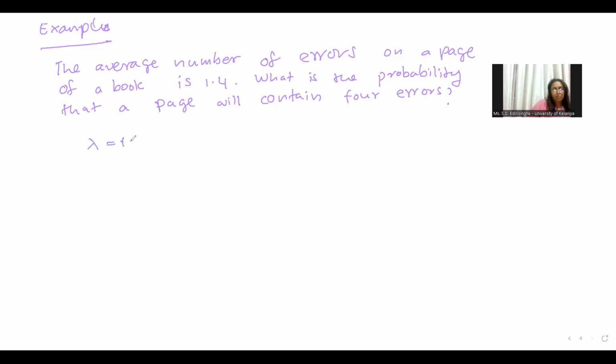That is 1.4. Lambda equal 1.4. That is the average number of errors. That is the parameter. So here the x equal 4. So how we can find if x equal 4, that is e to the power minus lambda, lambda to the power x divided by x factorial.